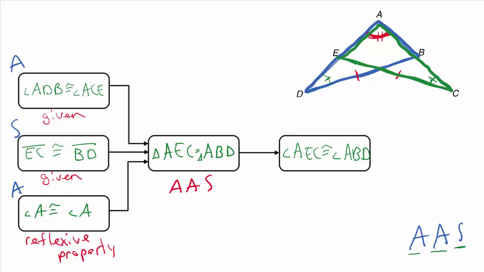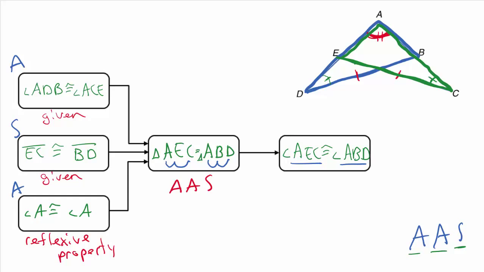And because of something that we talked about before, because we have those two congruent triangles, we can now say that we have some corresponding parts that are congruent to each other. So we can now say that remember when we did this in class, angle AEC, which is right here, is congruent to angle ABD.